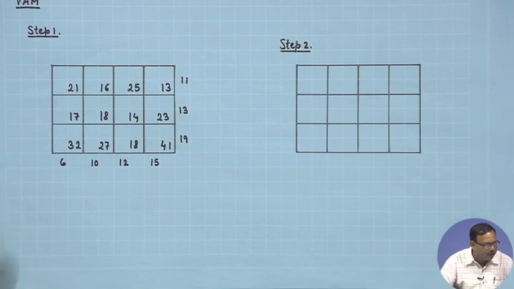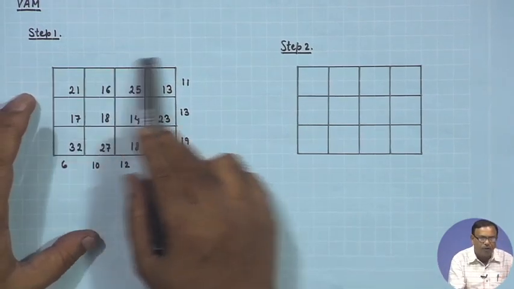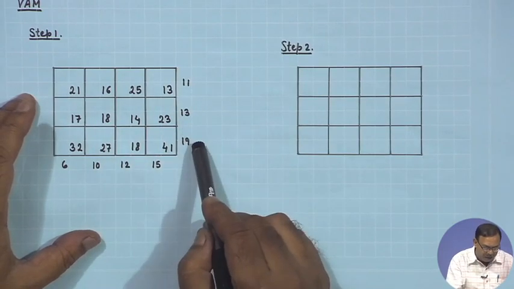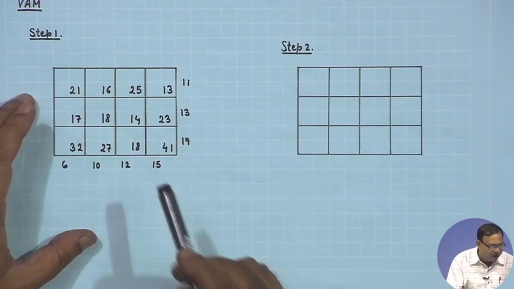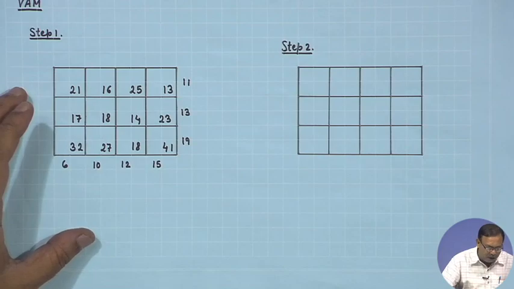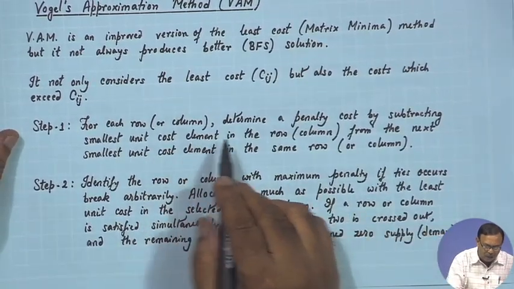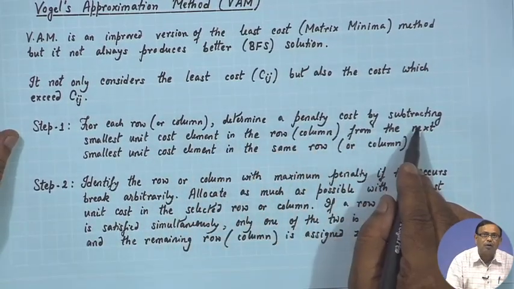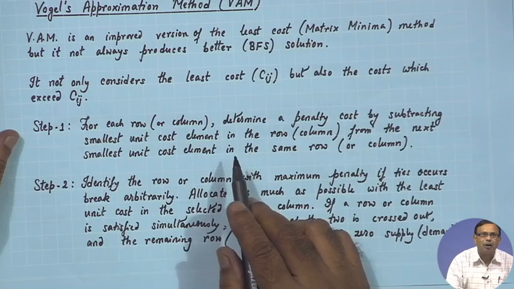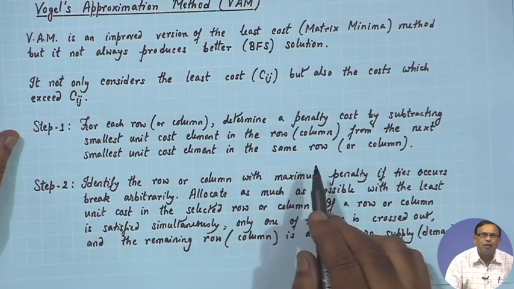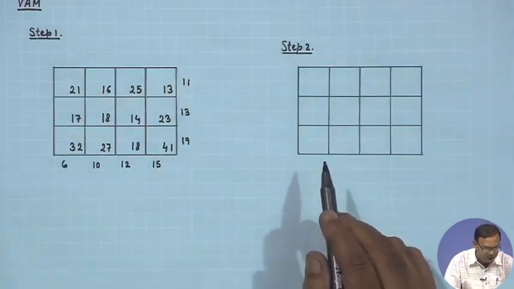For this case, at first you have this problem: you have the origins, you have the destinations, you have the A values and you have the B values. Your step 1 was this one: for each row and column, determine the penalty cost by subtracting the smallest unit cost element from the next smallest unit cost.